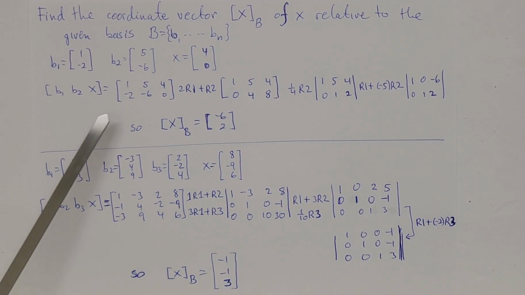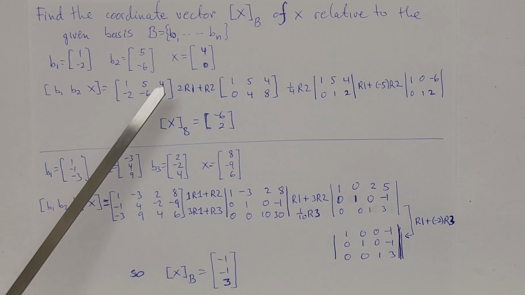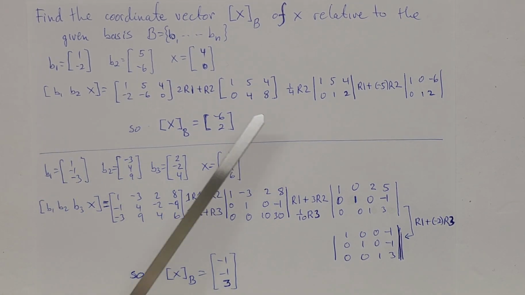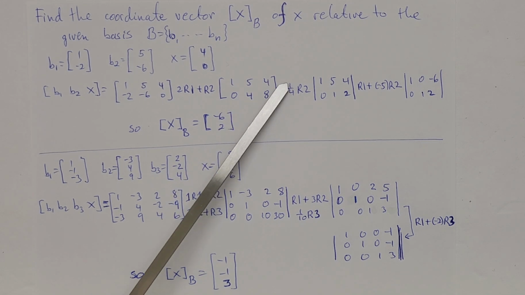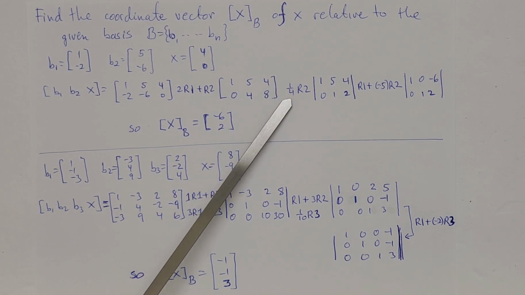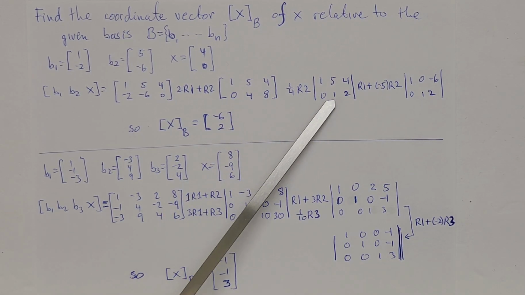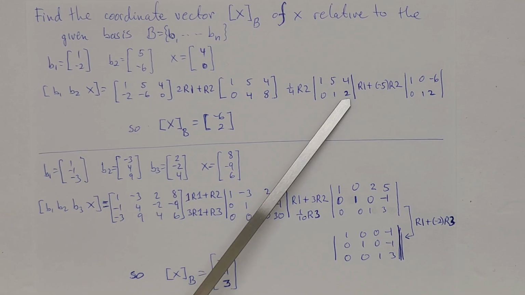Again, we needed this -2 to become a 0, so we multiplied by the opposite of -2. Next, we want this 4 to be a 1, so we will multiply row 2 by the reciprocal, which is 1/4. 1/4 times 4 gives me this 1, and 1/4 times 8 will give me this 2.